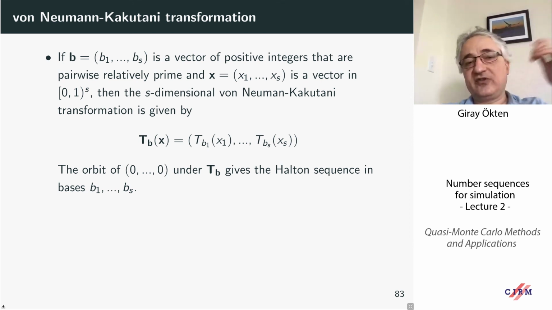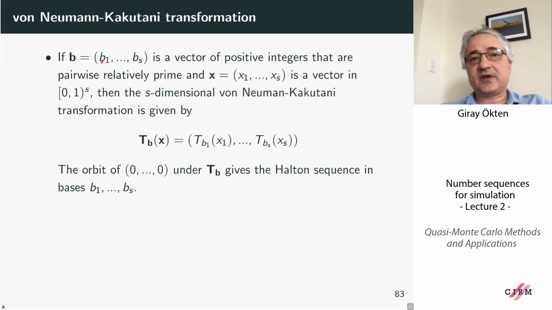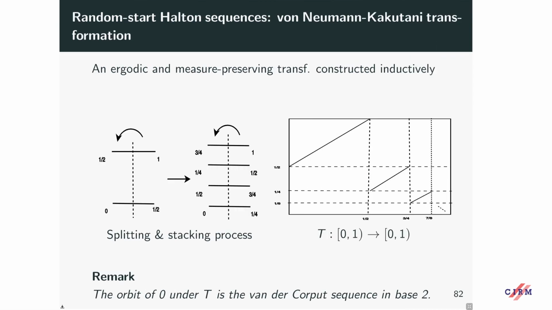And then you can generalize this to multiple dimensions by taking a vector of bases. And here I should mention that the splitting and stacking was done in this picture by dividing everything into two pieces and then into 4 pieces, 8 pieces.